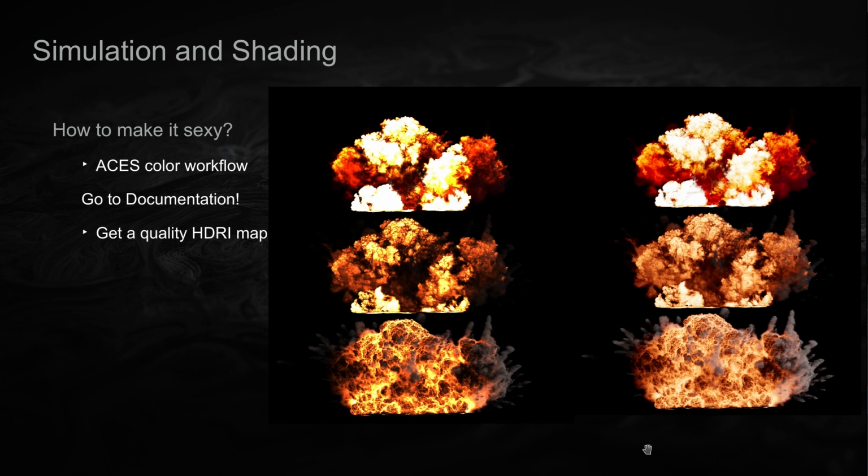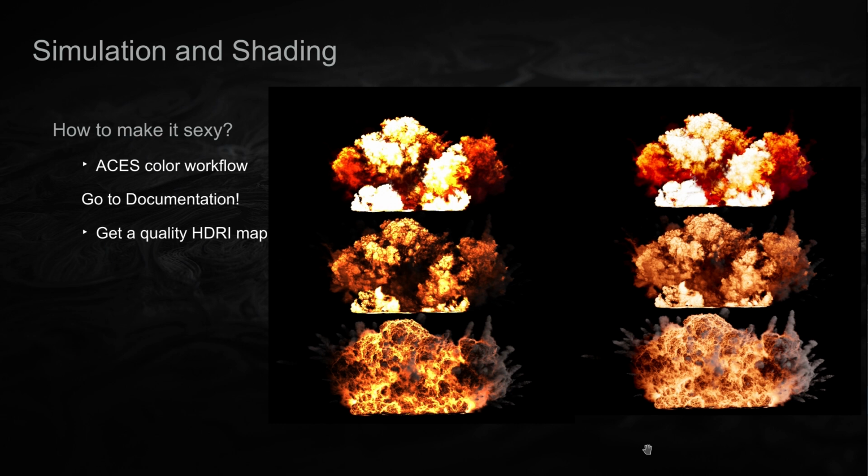The other important thing is a good quality HDRI map. You can light your explosions using area lights, but one of the easiest ways is to just drop down an environment light and use a good quality HDRI map.